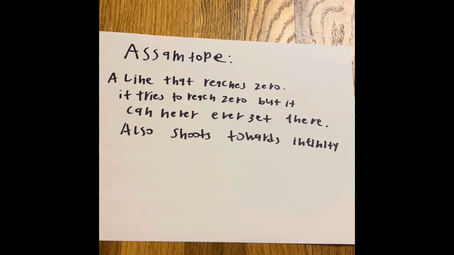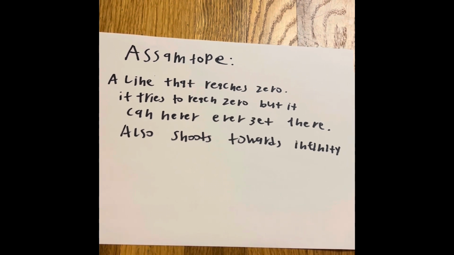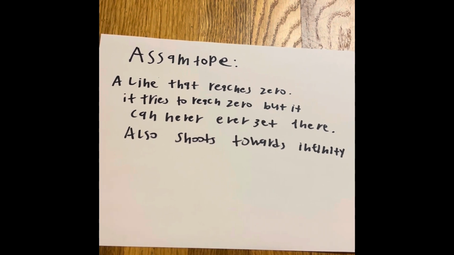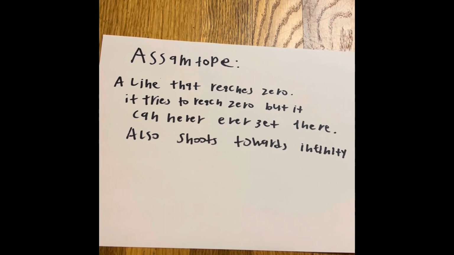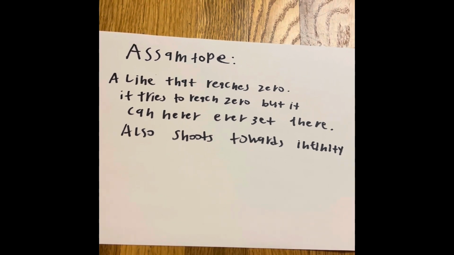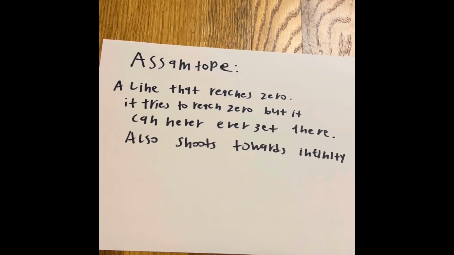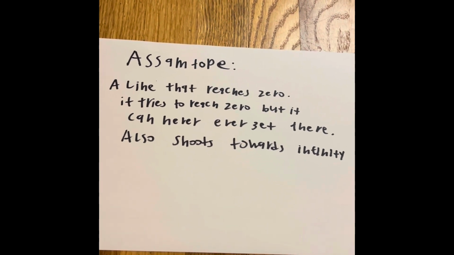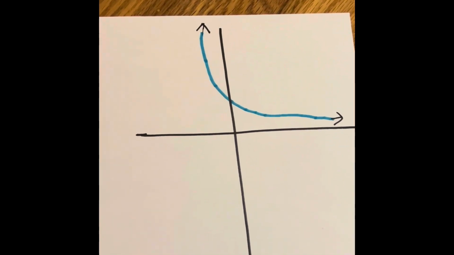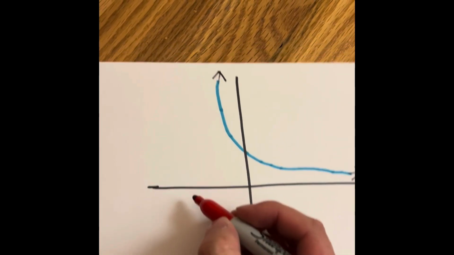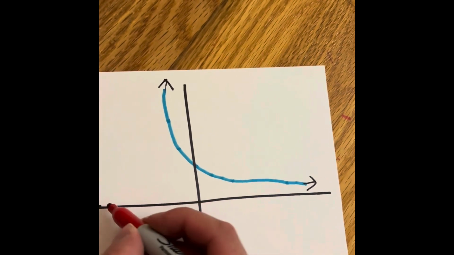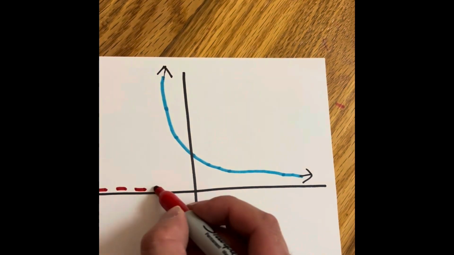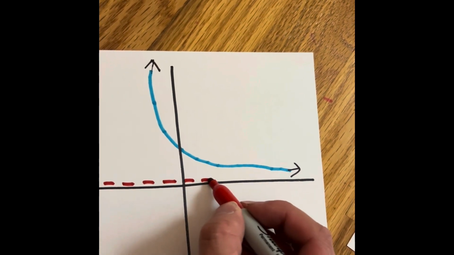An asymptote is a line that the graph tries to reach, but can never, ever get there. It also shoots towards infinity. So it's a line that marks where the curved line is supposed to go, or wants to go, but can never achieve. For example, we can say right here that the asymptote is this dotted line.